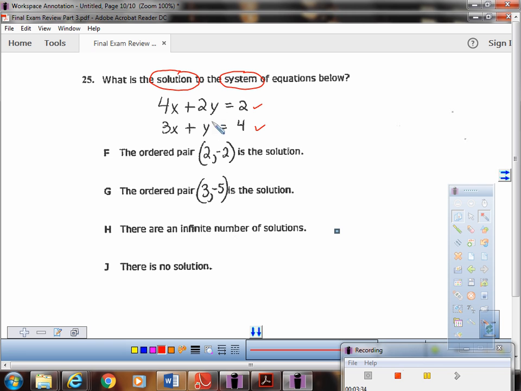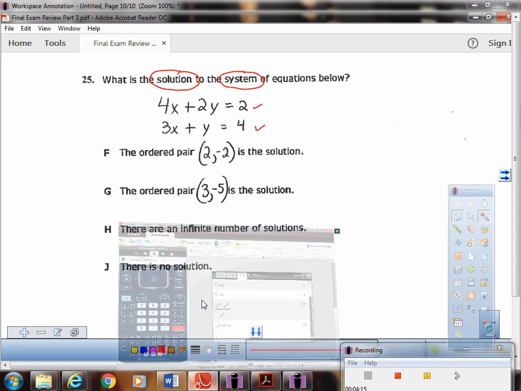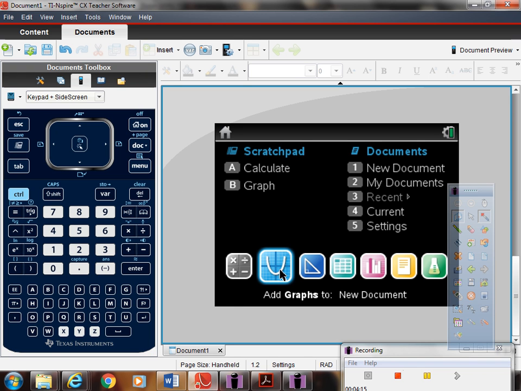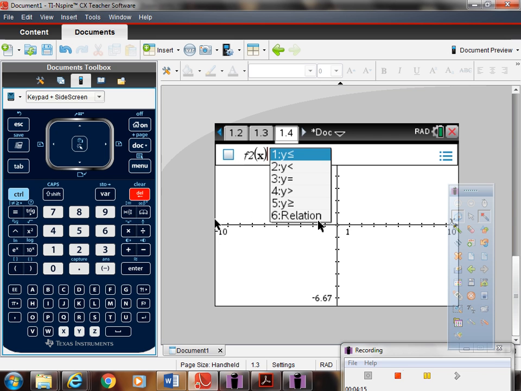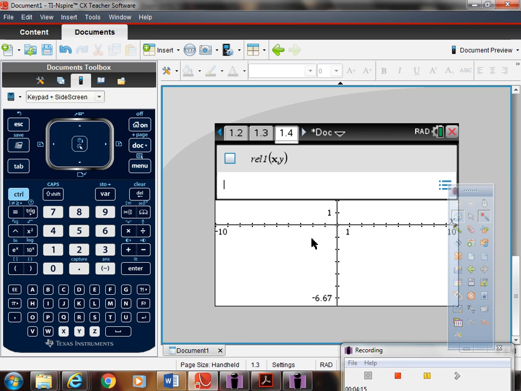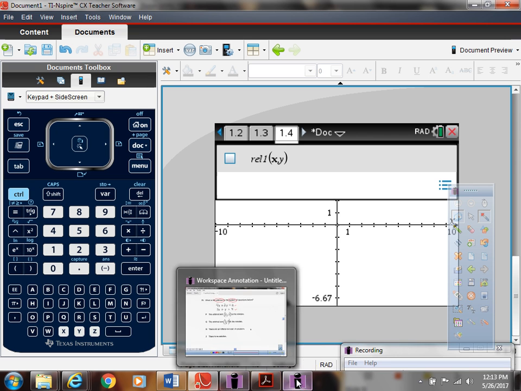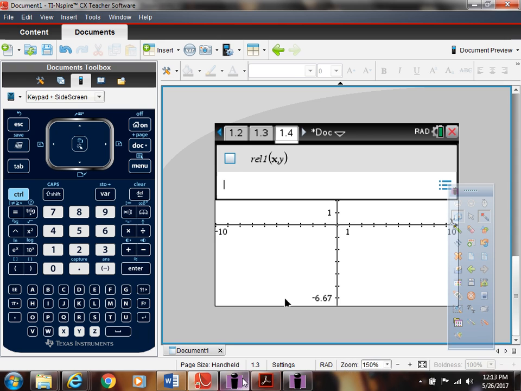So you could either graph it or you could do menu 32. Let's go ahead and graph this one since we did menu 32 on the other one. So practice with me. Again, you all need to practice what we're doing so that it can stay up here. The more you see it and practice, the better you get at it. Alright, so let's look at the equation we need to graph.